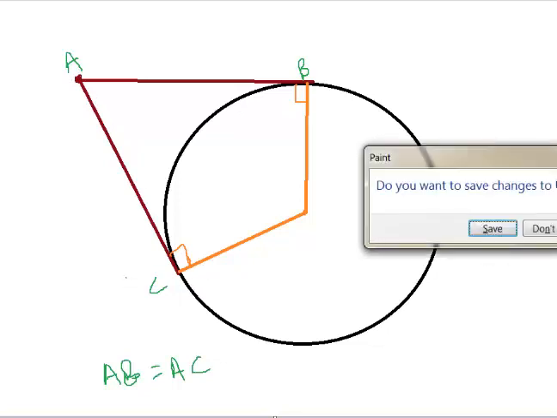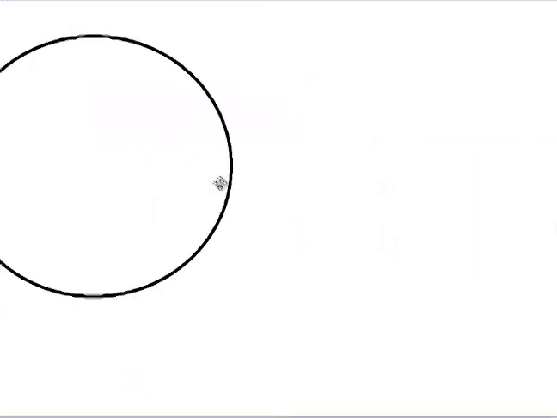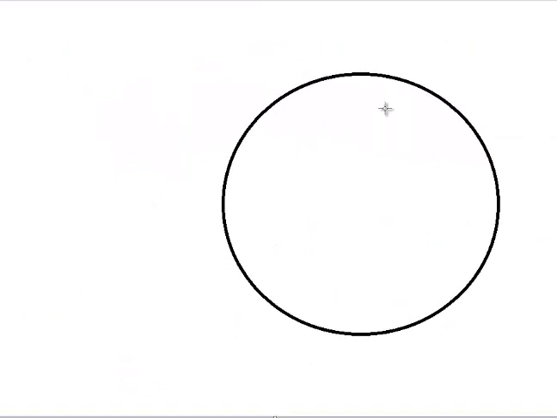And finally, one last rule before we look at some examples. And this is a little bit more complicated. So here is a point outside the circle, and we've got a tangent.